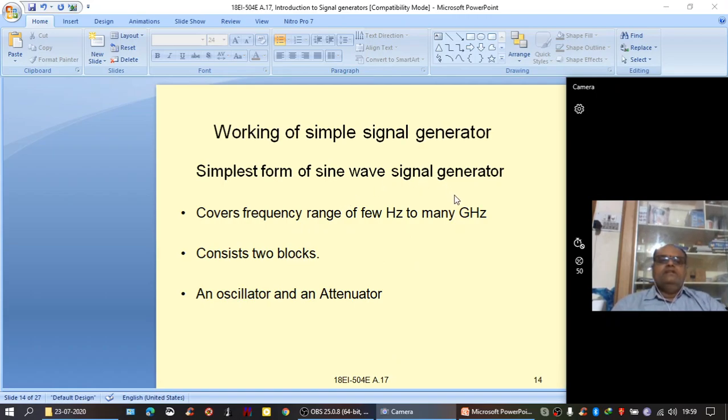Simplest form of a sinusoidal signal generator or sine wave generator covers a frequency range of few hertz to several megahertz, gigahertz. It mainly consists of two blocks, an oscillator and an attenuator.